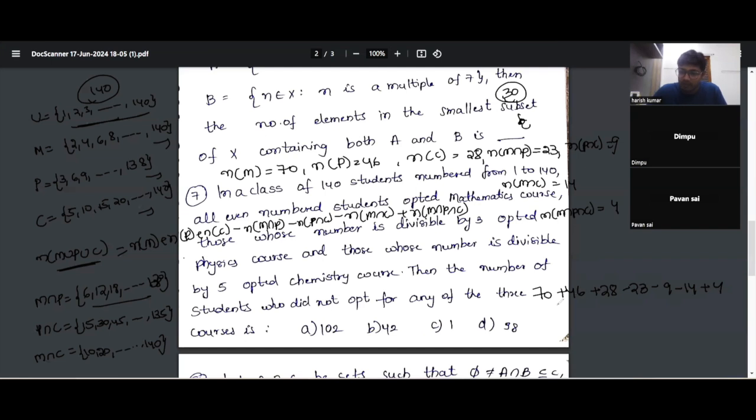So 70 plus 46 is 116. 116 plus 4 is 120. 120 plus 28 is 148. Minus 23, 9, 32, 32, 14, 46. So what is 148 minus 46? It's 102.